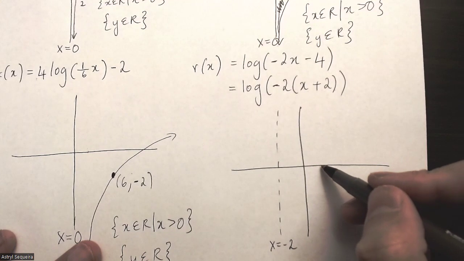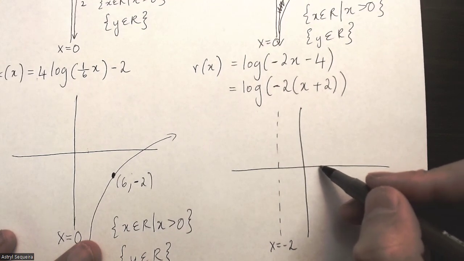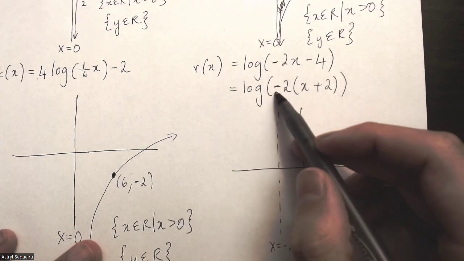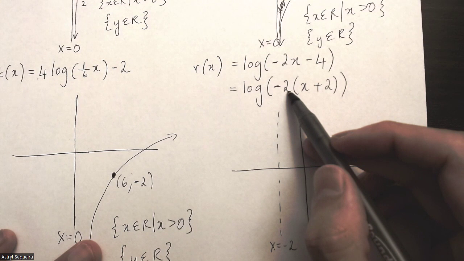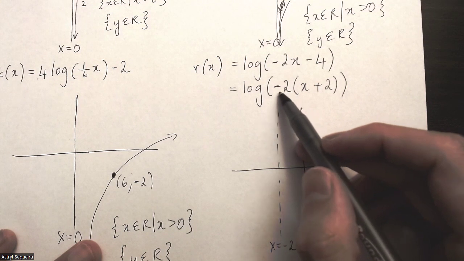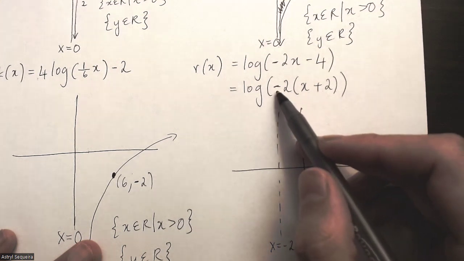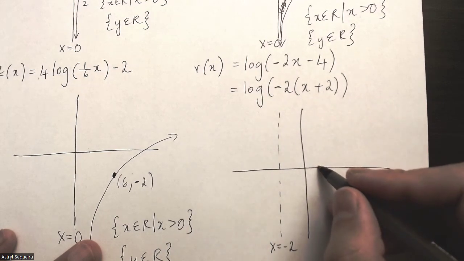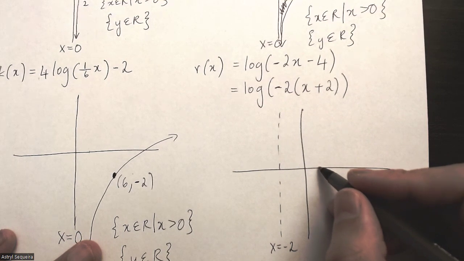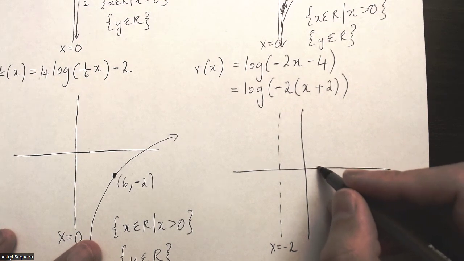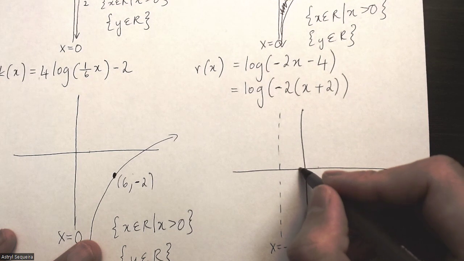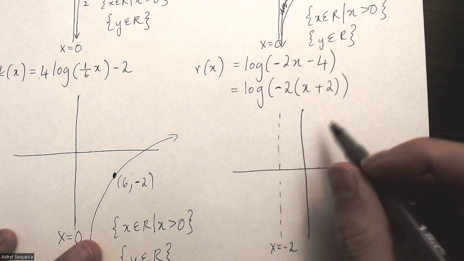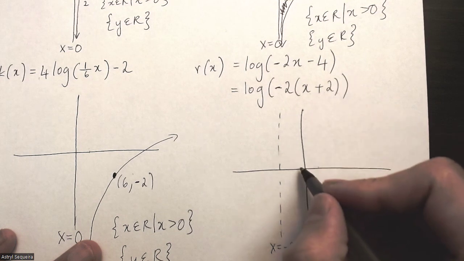The original point over here is at (1, 0), but I'm going to horizontally compress it by a factor of a half, and I'm also going to reflect it in the y-axis. So basically, I'm going to multiply it by -0.5 or divide by -2. So from (1, 0), it moves here to (-0.5, 0). And I'm going to shift it left by 2 units.